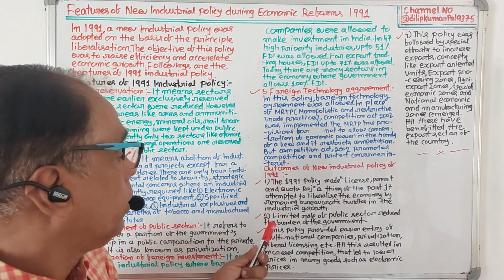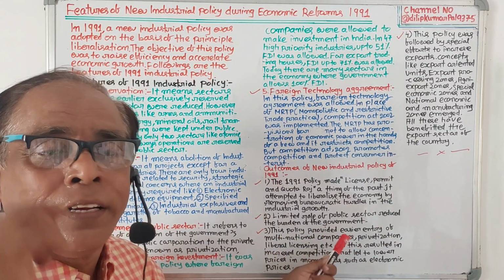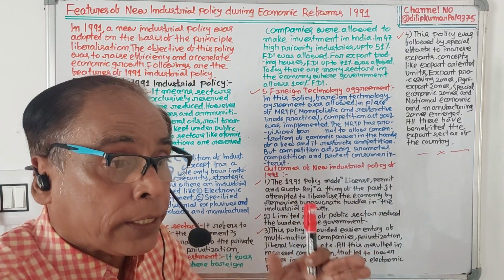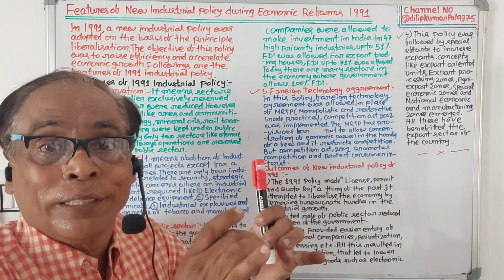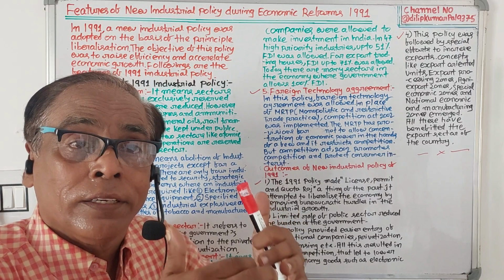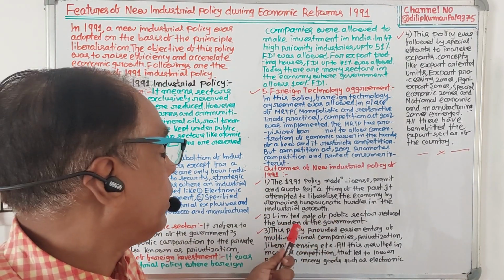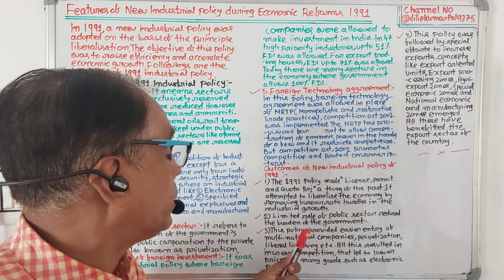Number two, limited role of public sector reduced the burden of the government. As the areas of public sector were reduced, the government burden is reduced.